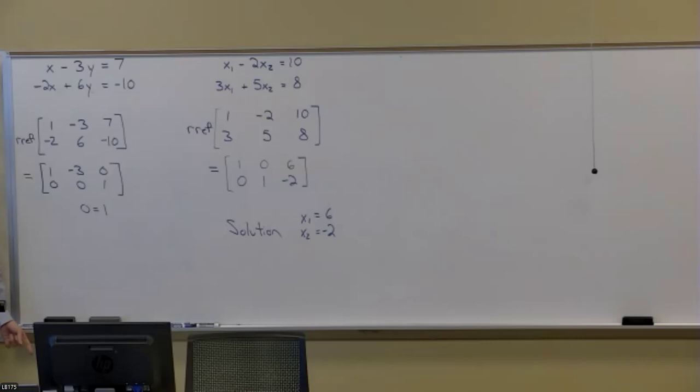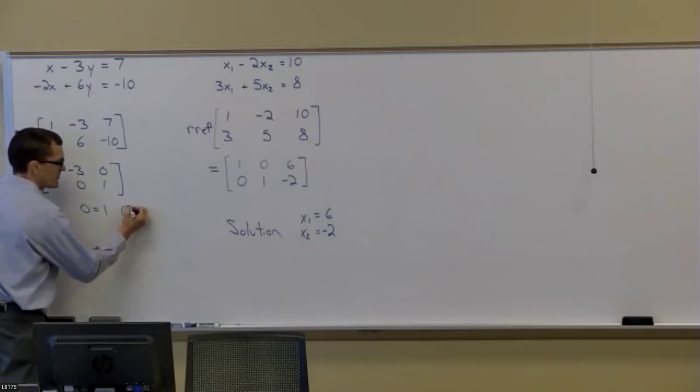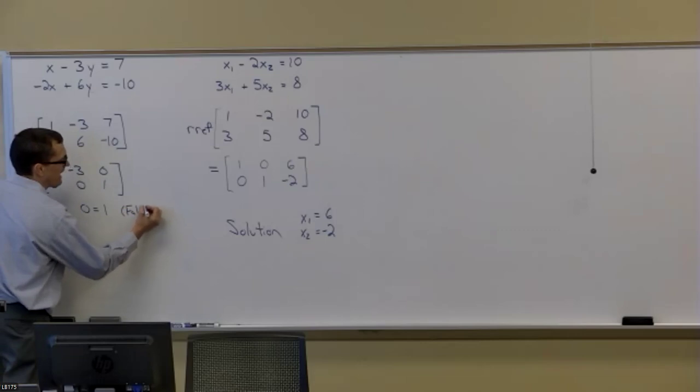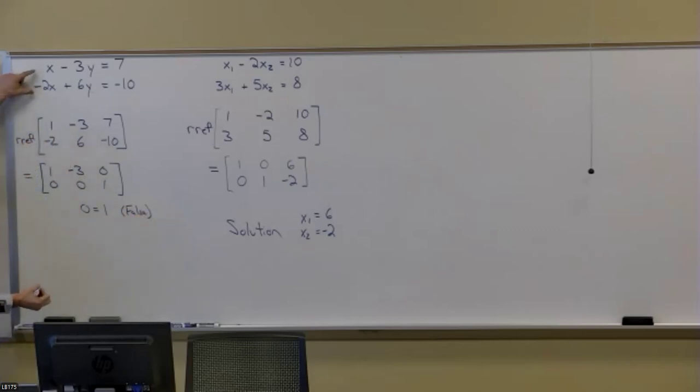I think it is. I'd trade you $0 for $1 anytime you like, right? So, since this is a false statement, this indicates that this system of linear equations has no solution.